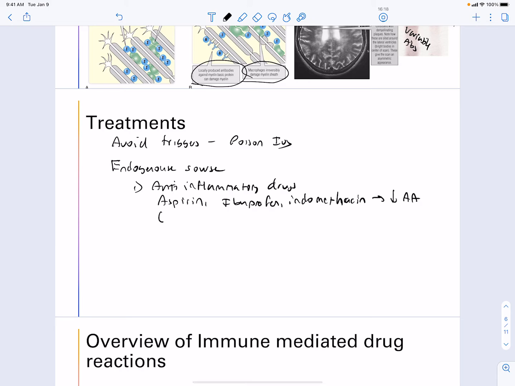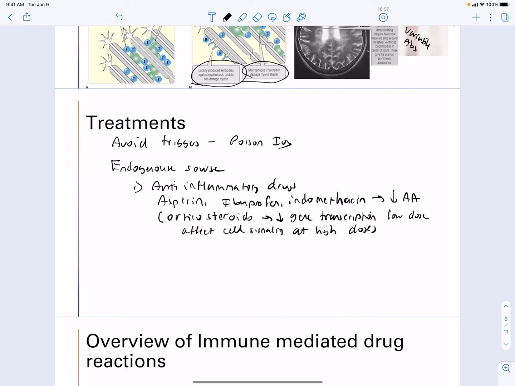We also have the corticosteroids, which is going to decrease gene transcription. It's going to bind to regulatory regions of the DNA at low doses. At high doses, it's going to impact cell signaling. The side effect, of course, is going to be immune suppression.